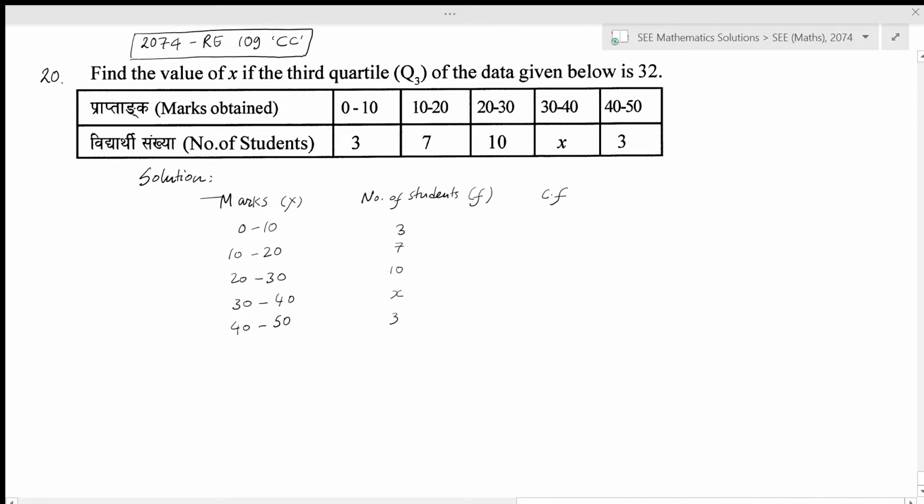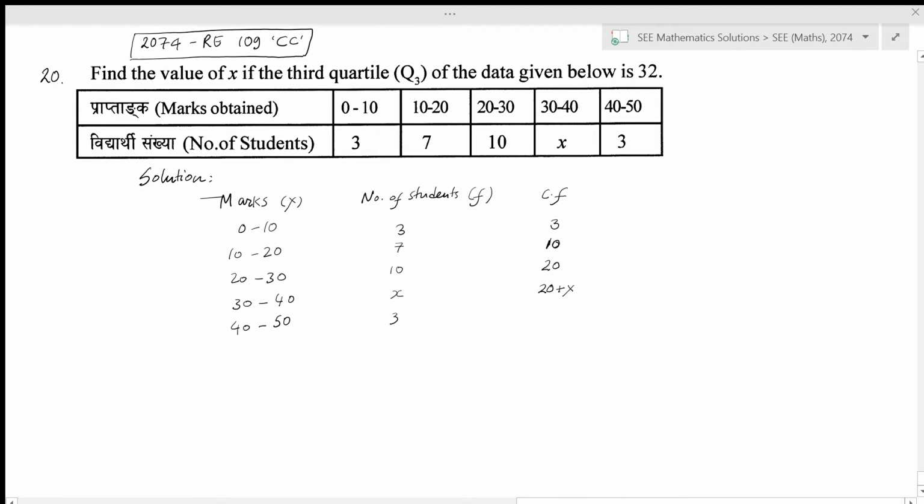And cumulative frequency is frequency added, right? So first it is 3, but second time it will be 3 plus 7, so it will be 10, right? And third time it is 3 plus 7 plus 10, it is 20. And fourth time, adding all these, 20 plus x.